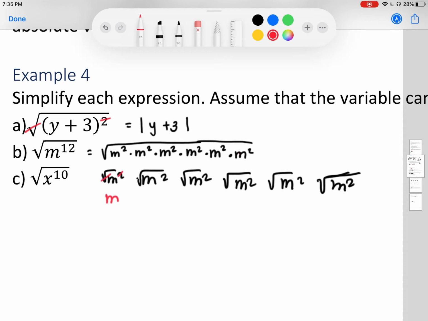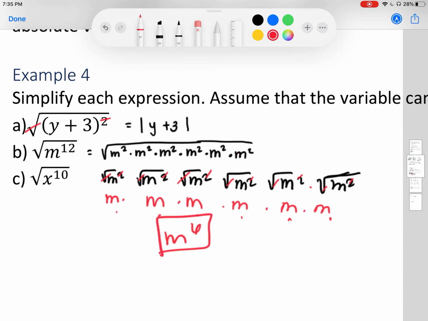We get just m. The second one, we get just m. The third, just m. For the fourth one, m times 1, 2, 3, 4, 5, 6. M to the 6th power. That is our answer.